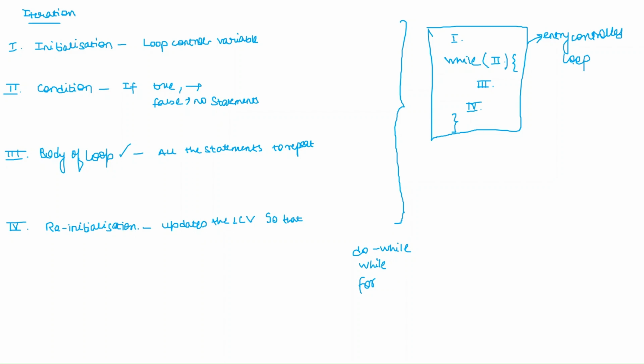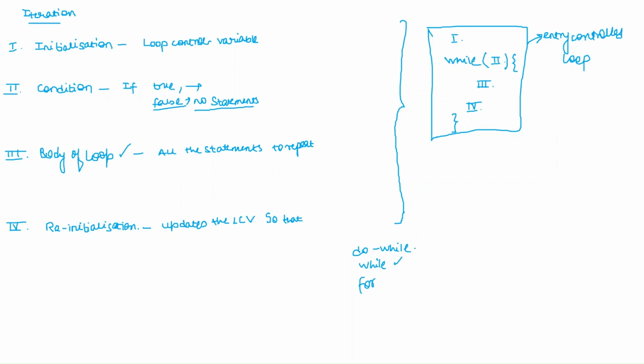Now, why is it so? It's because the condition is evaluated before the body and the reinitialization take place. So even if the condition is false, no statements are executed thereafter. If the condition is true, only then the statements are executed. And this prior check of the condition before executing the body is termed an entry controlled loop.